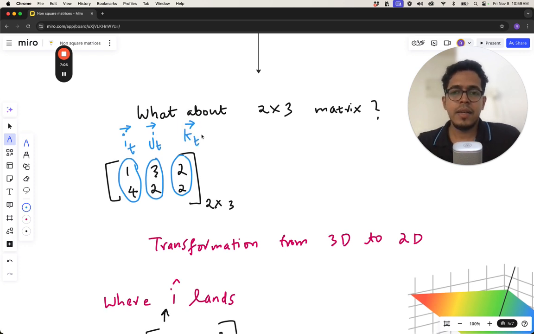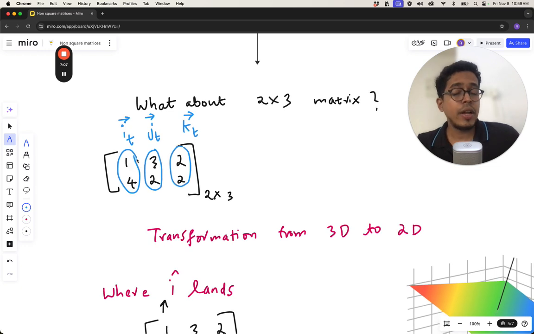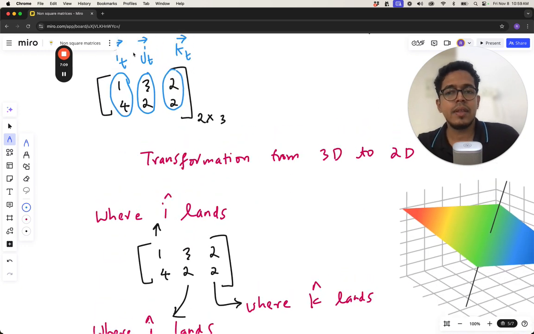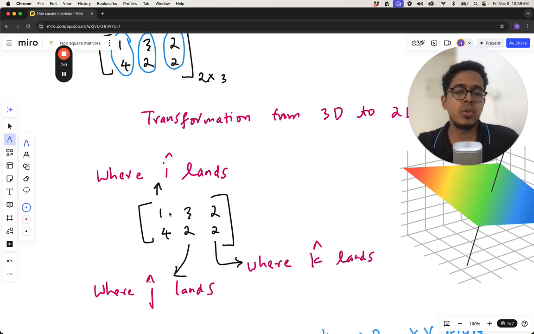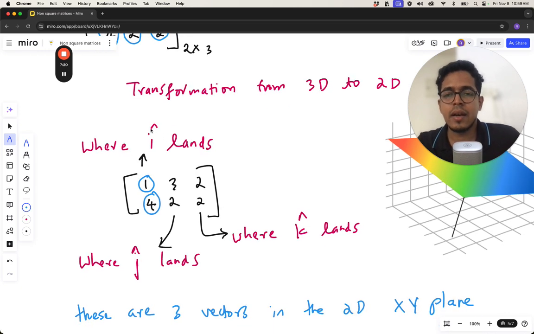So what does this mean? You can see that these three vectors have only 2 dimensions, only x and y dimension. So x dimension, y dimension for the new i vector. Here I should not put the cap. This is where i lands, but it should be called i transformed. It does not have 3 dimensions, it has only 2 dimensions.